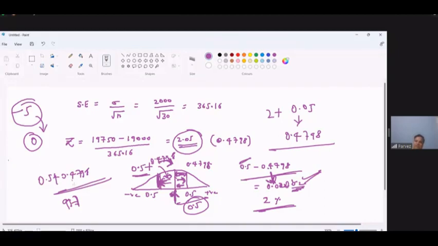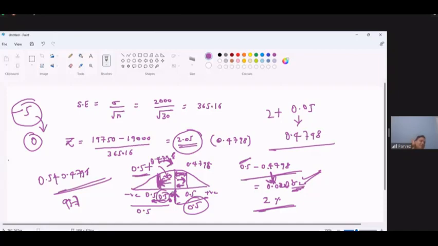Same thing I am telling. If this is 0.5, negative means to come to 0, in the negative thing we should add something back. So that is the reason: if negative or less, we add it; if positive or more, we subtract from 0.5. Clear?